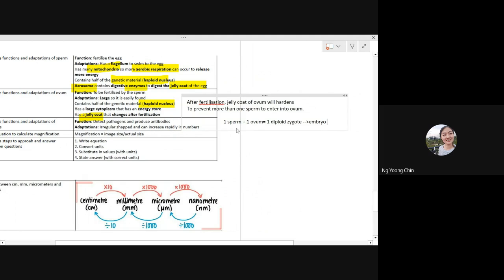So only one sperm is able to fuse with the ovum, not two sperm with one ovum, or two ova with one sperm. If more than one sperm is able to penetrate the ovum, the ovum will not be able to fertilize. So one sperm with one ovum only.